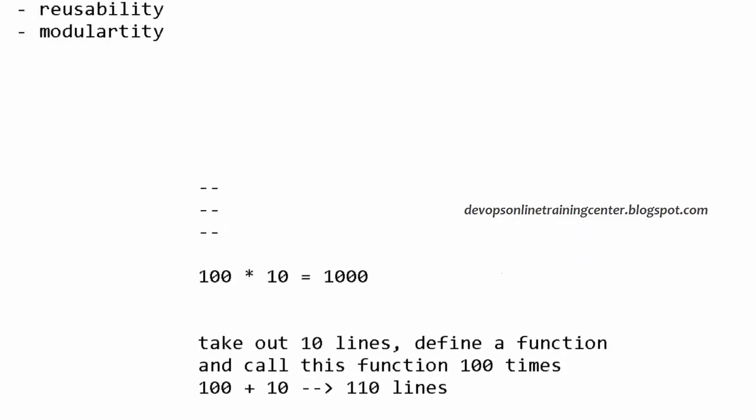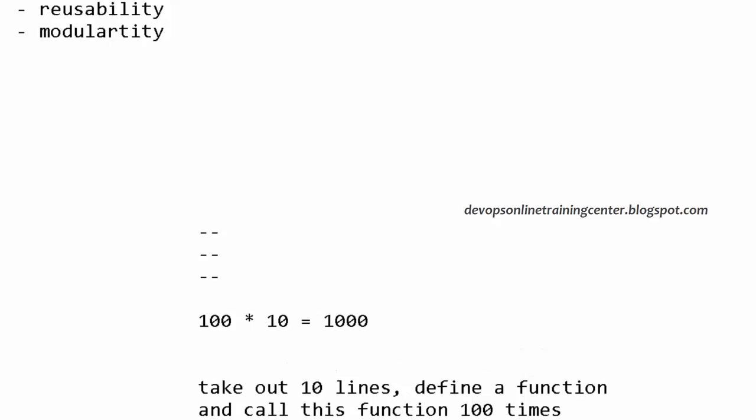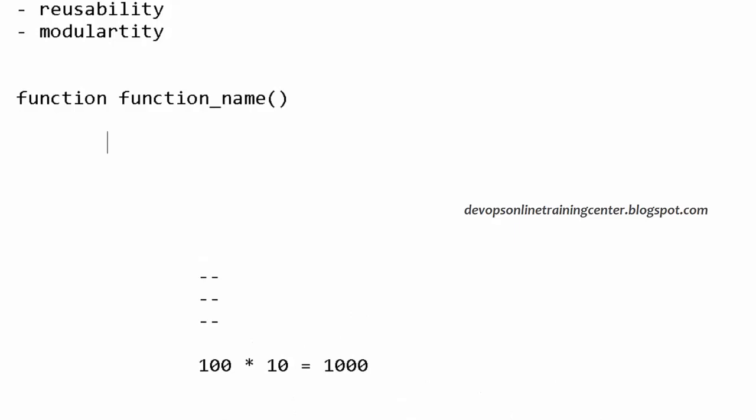So how do we define functions? The shell scripting syntax is the keyword function and the function name. While calling the function, we simply call it like this: function underscore name.